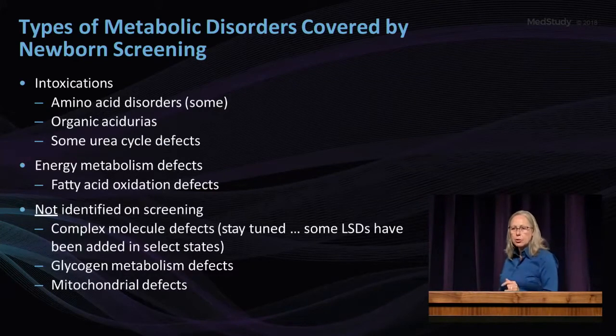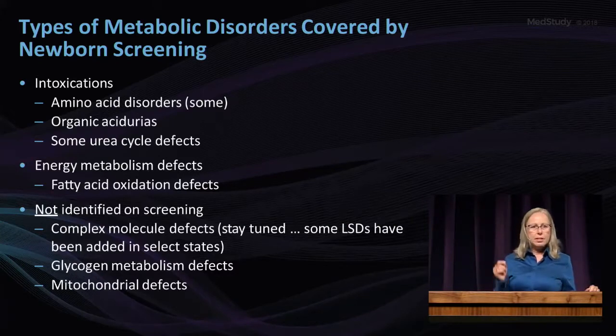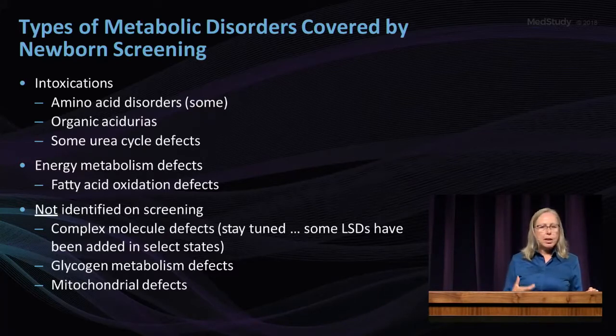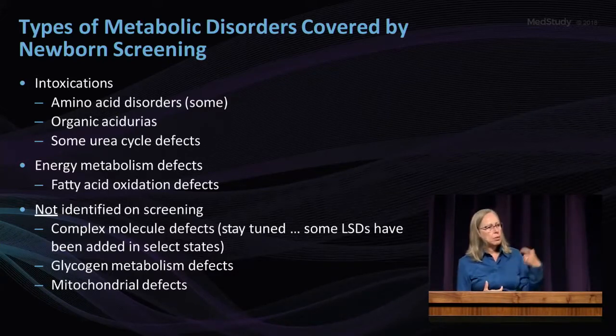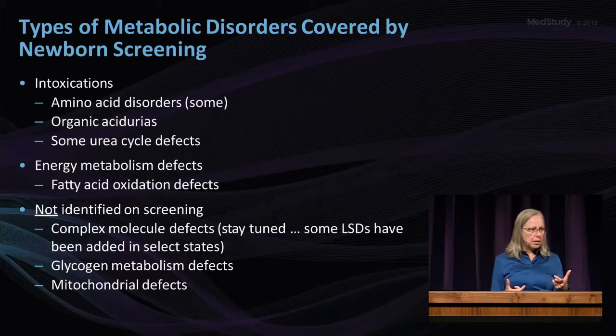Not identified on screening: complex molecule defects. However, this is changing rapidly. Some of the LSDs now have been added to select states because we have enzyme replacement therapies. So this is an ongoing debate, and it's on a state-by-state basis. Knowing what happens in your state and your bordering states will tell you what the child's been screened for.